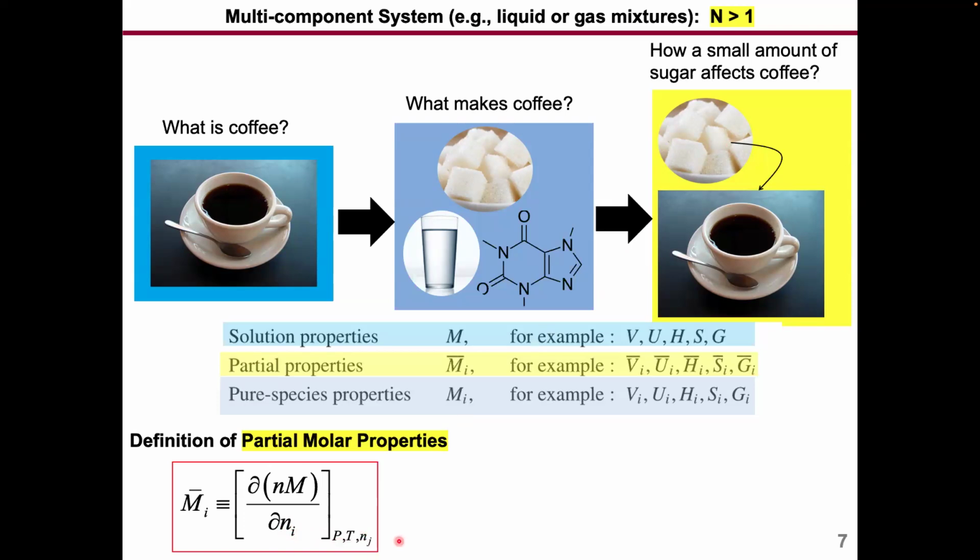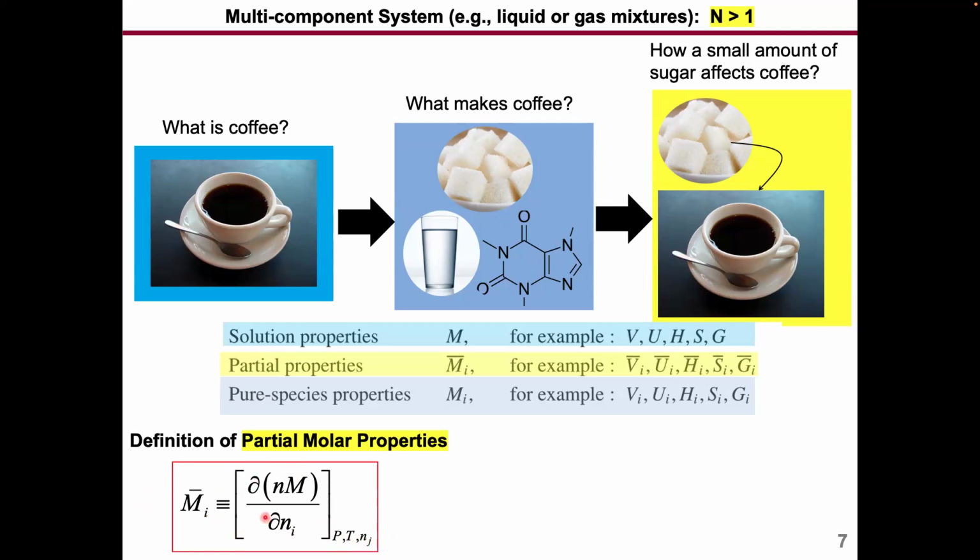But when we do this, we hold everything else constant: temperature, pressure, and the other species' quantities, so Nj constant. For a binary mixture, you can use 1 while holding molecule 2 constant. But for a multi-component system, it's 1 and then Nj, where j is equal to 2 and 3.